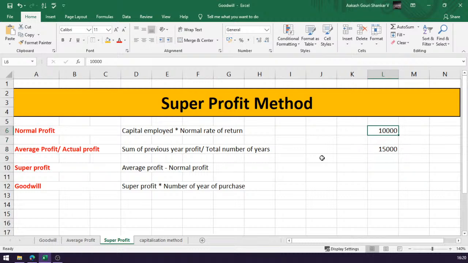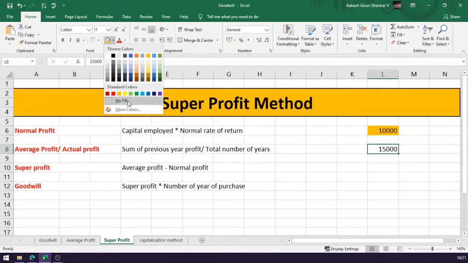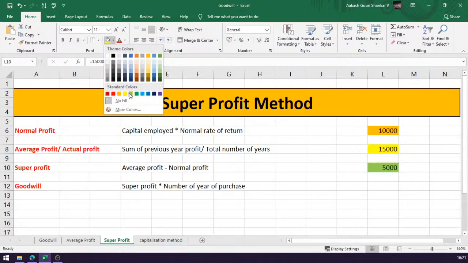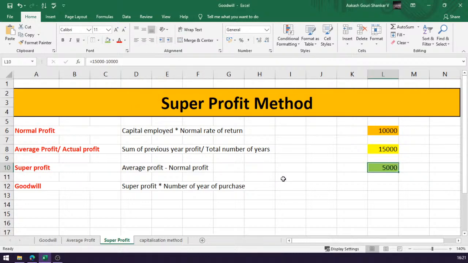So what is my anticipated, that is expected profit? Expected profit is rupees 10,000, but the actual profit is 15,000. So we are in a gain of 5,000. I did not expect this 5,000 profit, which means my average profit minus the normal profit is 5,000. This 5,000 is the super profit, the profit which is more than my expectation.